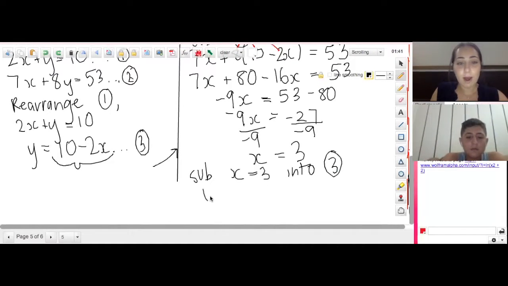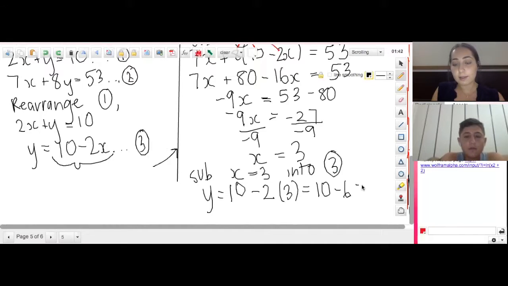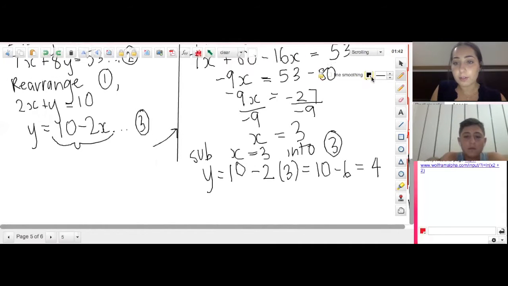So now we have y equals 10 minus 2 lots of x, and x is 3. So that gives us 10 minus 6, which gives us 4. So therefore, we can conclude that x equals 3 and y equals 4.